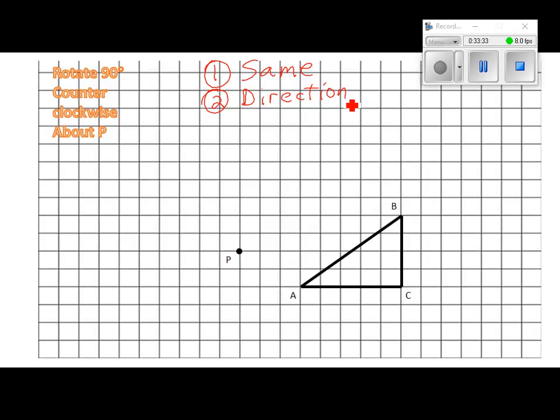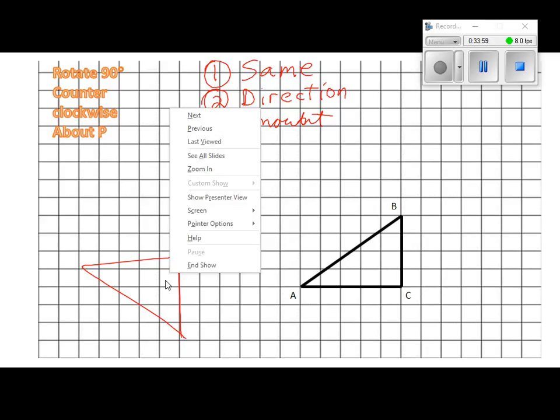It's going to be moving up like this, right? Up. The third thing, did you go the right amount? If we're going 90 degrees and your shape ends up over here, did you go the right amount? No, you probably went too far. So those are the three things I'm going to be looking for on the test problems. Now I'm going to show you how to do this.